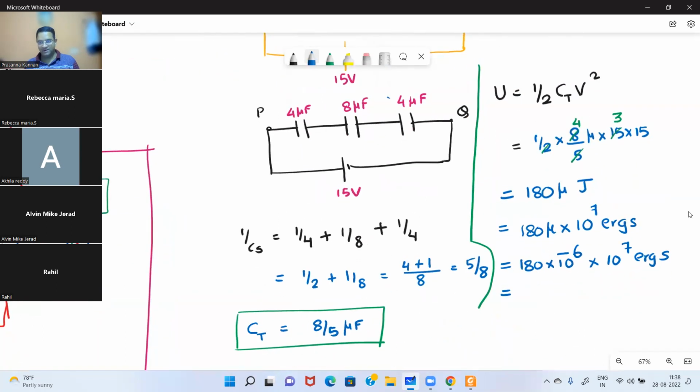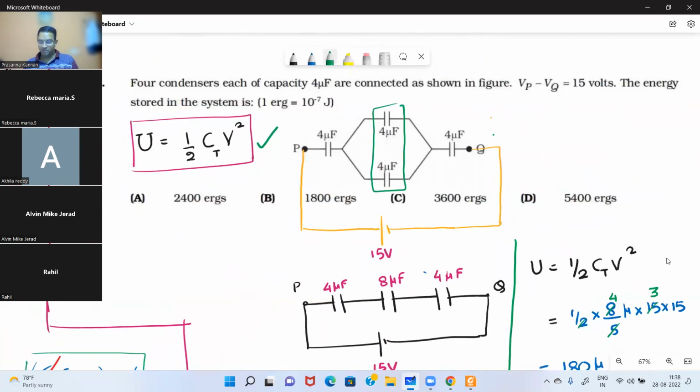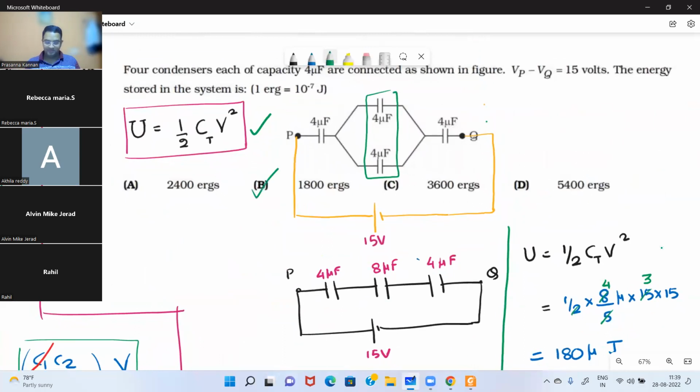So 180 multiplied by 10 gives you 1800 ergs. That's the required answer. Which option is right? Option B, the second option, right?